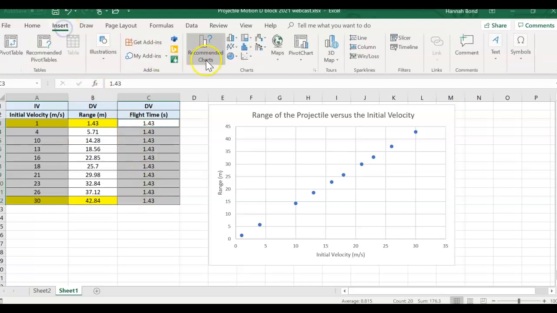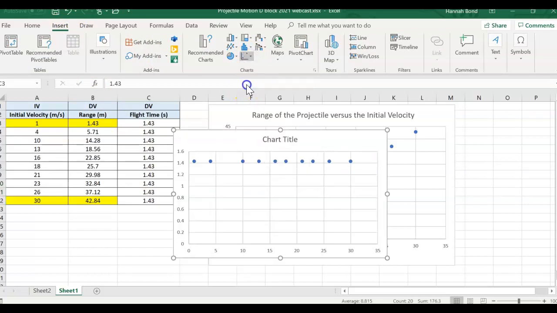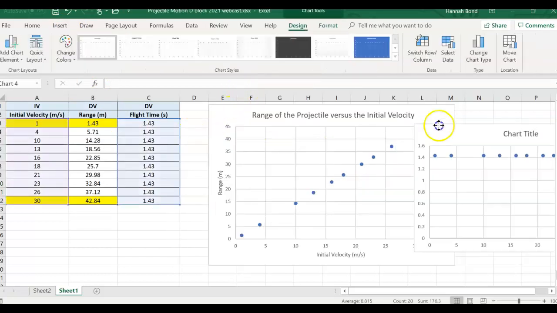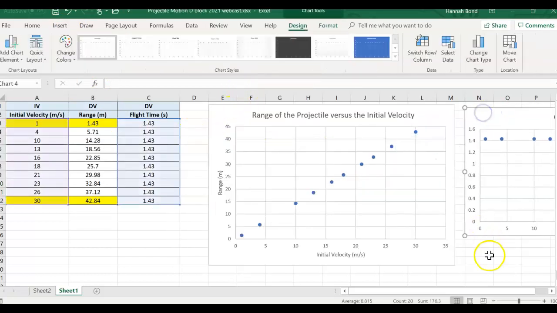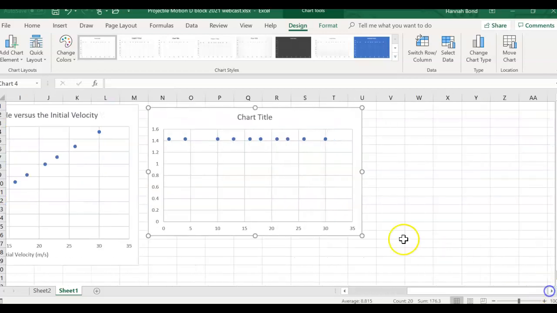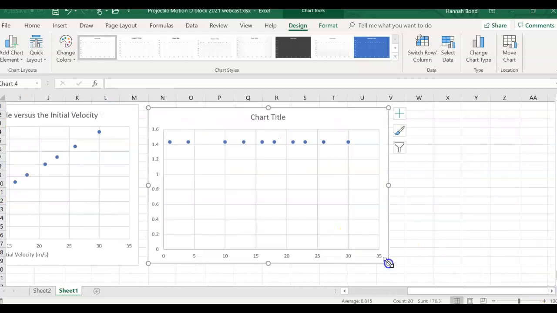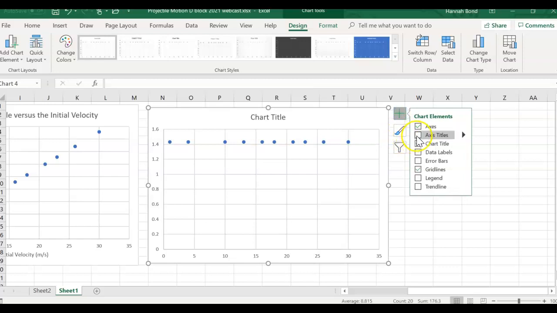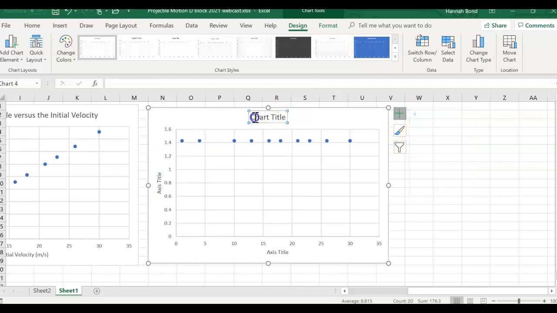Now I can just insert a scatter graph. I'm going to move it over here to the right, so it's not on top of the previous one, and just make a nice label. So this is a graph of the flight time of the projectile versus the initial velocity.